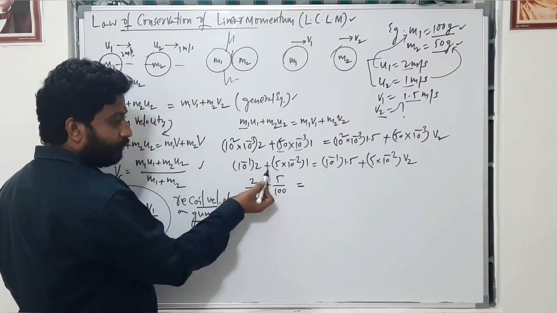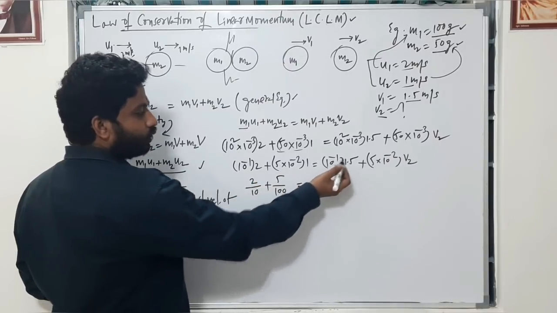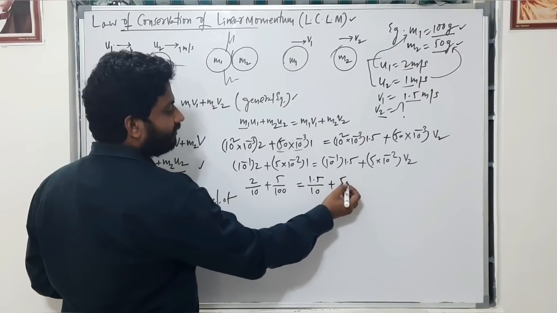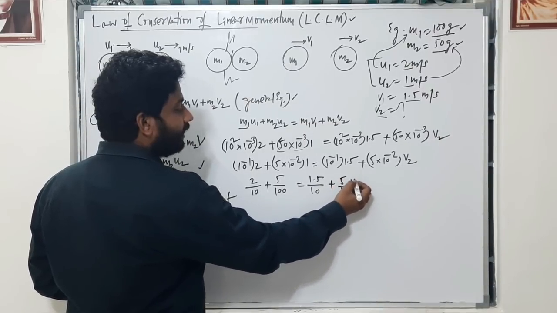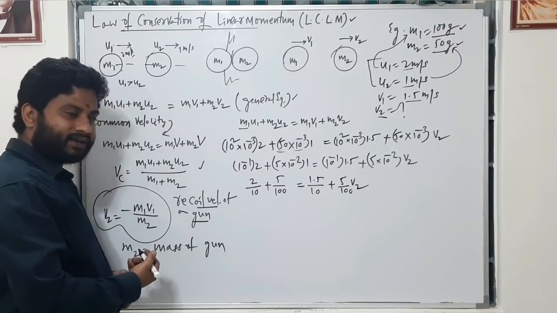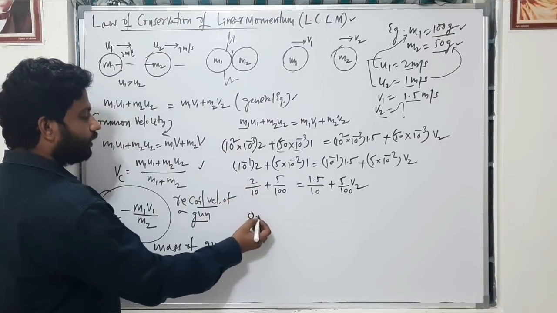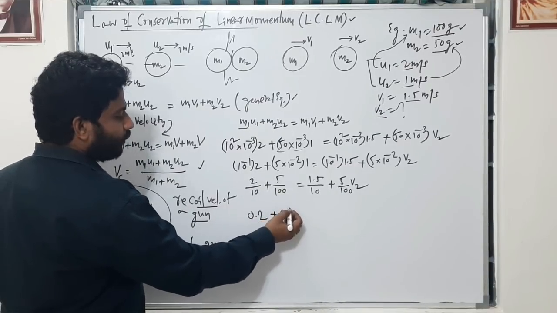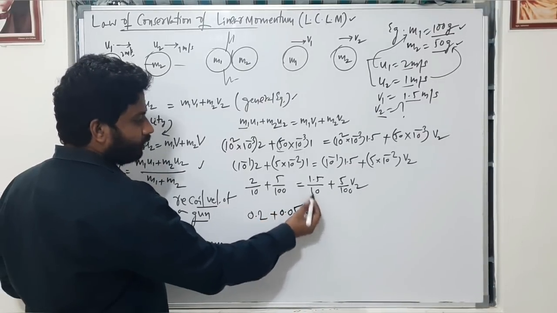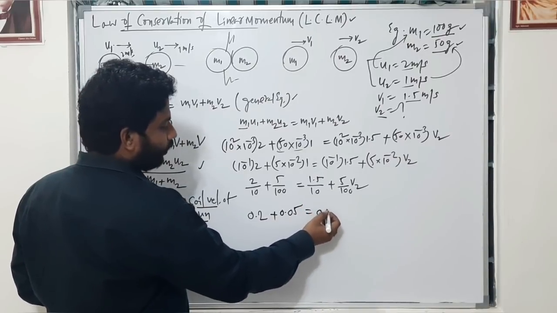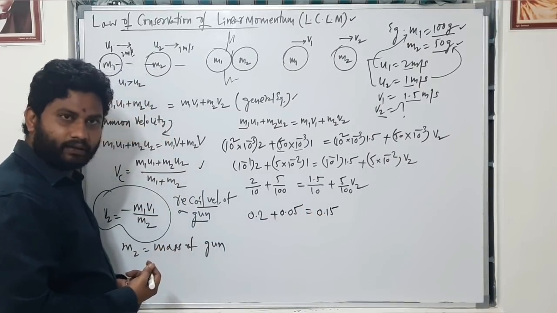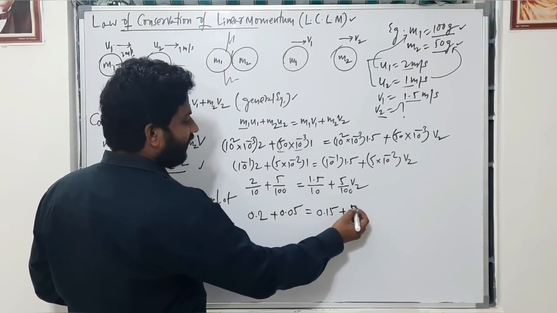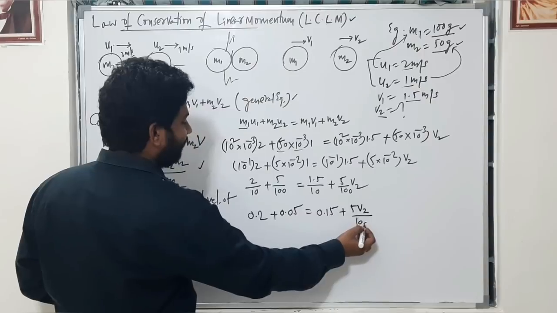So 2 by 10 plus 5 by 100 is equal to 1.5 by 10 plus 5 by 100 into V2. Clear? Now 2 by 10 is 0.2, plus 5 by 100 is 0.05, which is equal to 1.5 by 10, that is 0.15, plus 5V2 by 100.